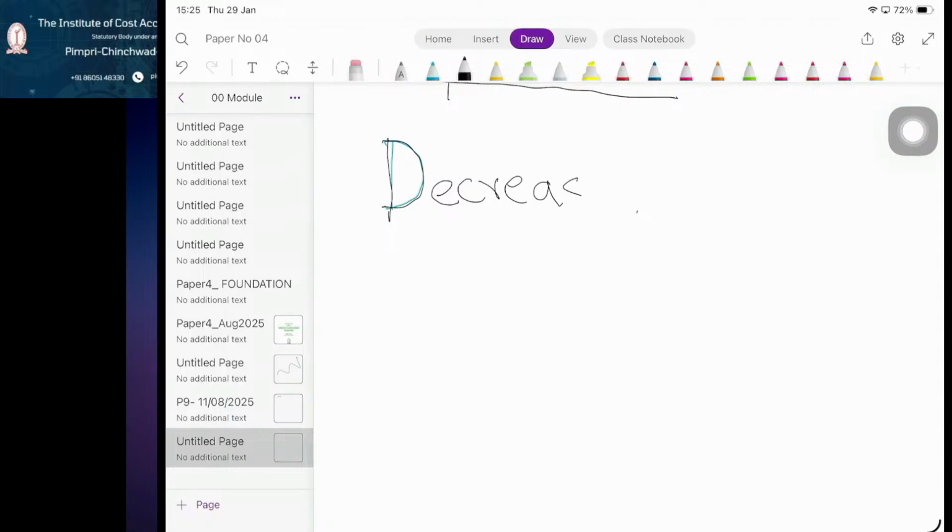What is the meaning of decrease in demand? First write it down and then draw the graph. I am giving you some time to do that.